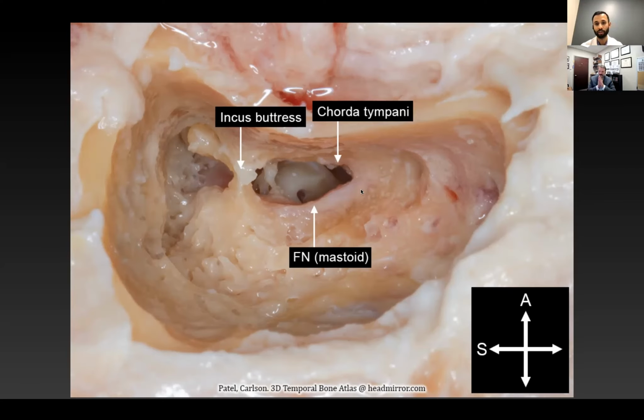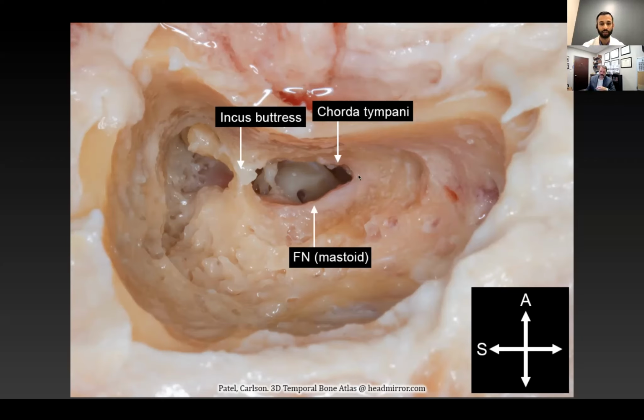And then at some point, you have to switch and steepen your angle, as you start looking for the round window. Somewhere in the process of making that transition, people can be looking really far anterior, and the position of the midpoint of the incus buttress can make you feel like the recess is more lateral and anteriorly positioned than it should be.